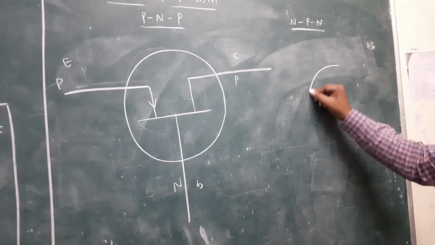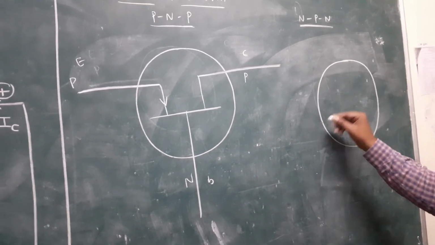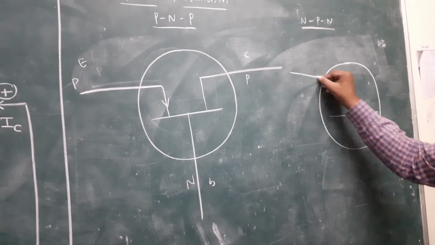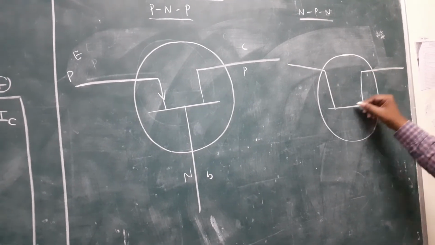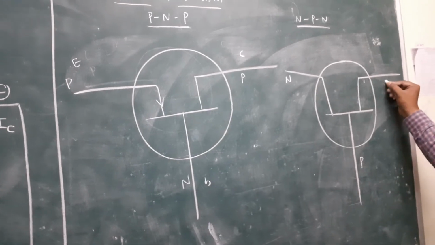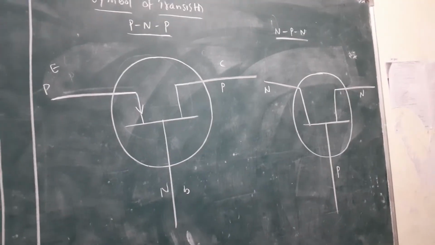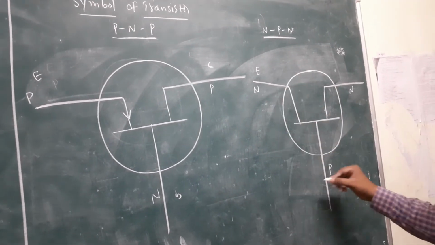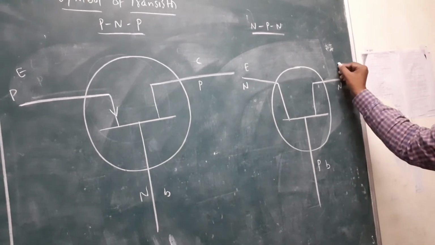And again I draw the NPN circuit. Here N, P, N. Here also emitter, base, collector.